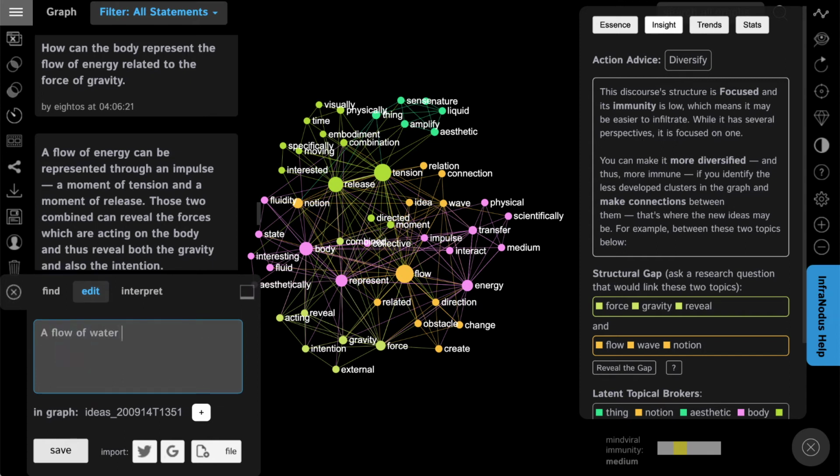of water, let's say, happens because of gravity. When we see a flow, it's because force of gravity is acting on the water and it's going downwards, for example.